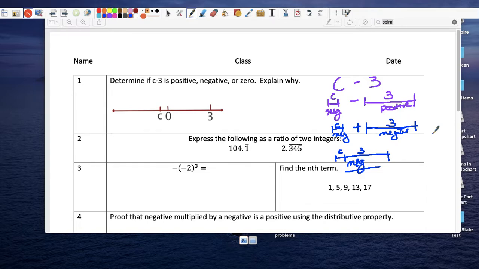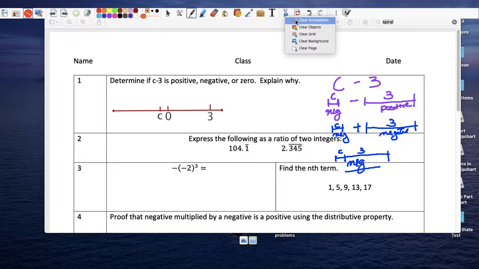Again, what do we do with their absolute values? We combine them. We added the absolute value of C plus the absolute value of 3, and their sum, their combined absolute values, was the answer to this question. So the answer is negative.